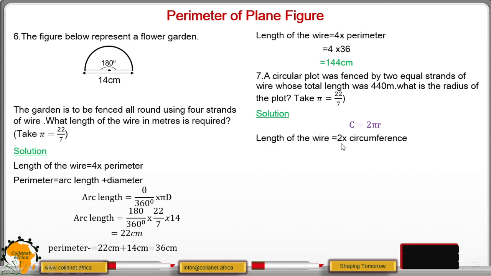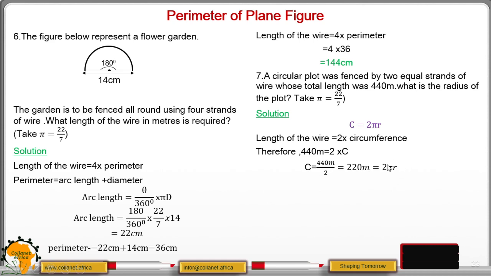So our circumference will be length divided by 2, because the length of the wire will be twice the circumference. So 440, which is the length of the wire, will be twice the circumference, and therefore our circumference will be 440 divided by 2, which is 220 meters.